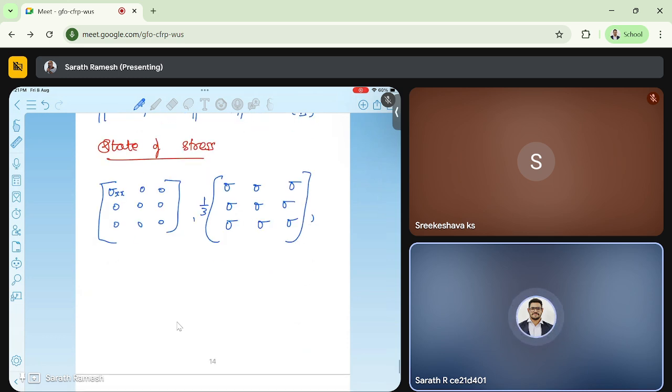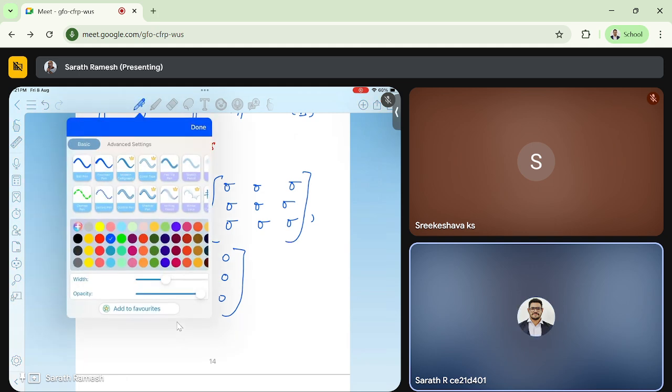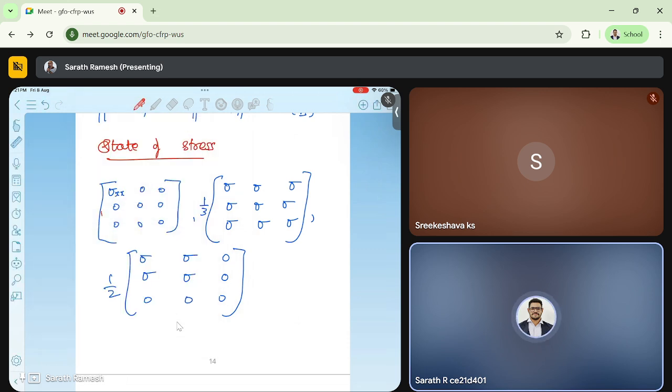And there is another stress state which is given by sigma, sigma, 0, sigma, sigma, 0, 0, 0, 0, with 1 by 2 as a factor. So there are three stress tensors given to us. Number 1, number 2, and number 3.